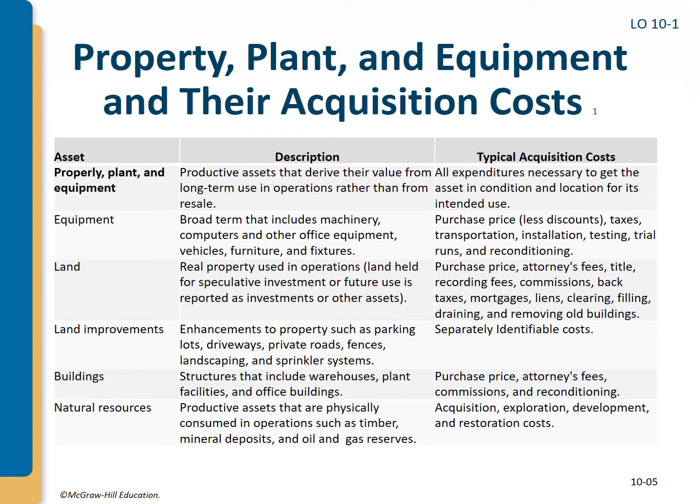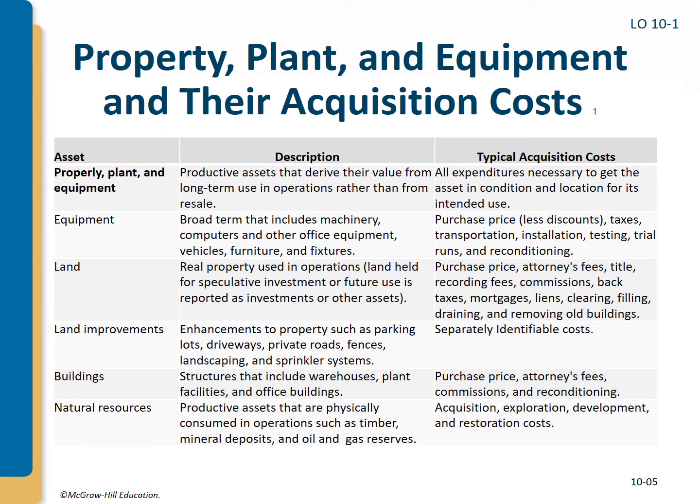Equipment, that's a broad term that's used to define machinery, computers, office equipment, sometimes vehicles, furniture, and fixtures. So what's included in the cost of these types of PP&E? The purchase price, less any discounts you take or are offered. So you don't have to take the discount. Taxes you may have to pay related to the purchase.